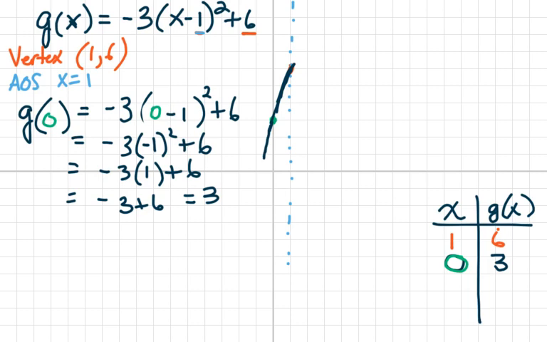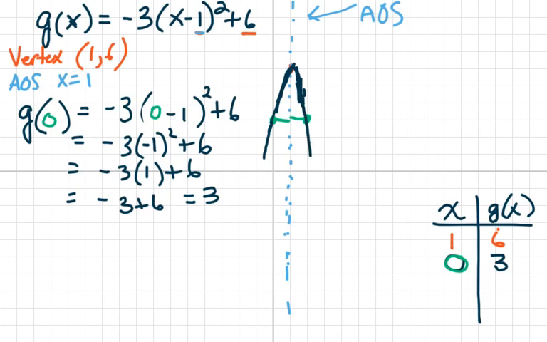Okay, starting to have this shape of a U. So we need to know what's going to happen somewhere else, some other accurate point. Well, guess what? This axis of symmetry right here tells us that there's another point equidistant from the axis of symmetry, and that point is going to be right here. Cool, we don't have to do a lot of work. We can just graph right through it.